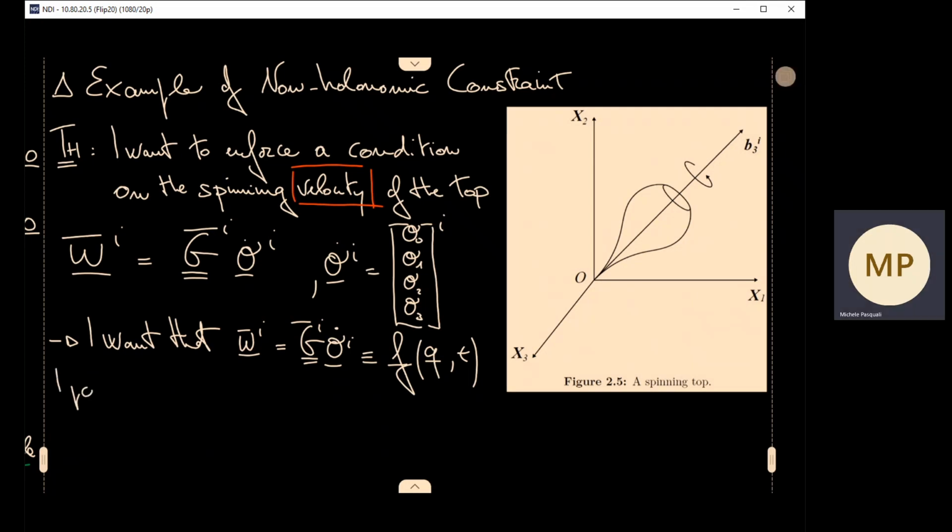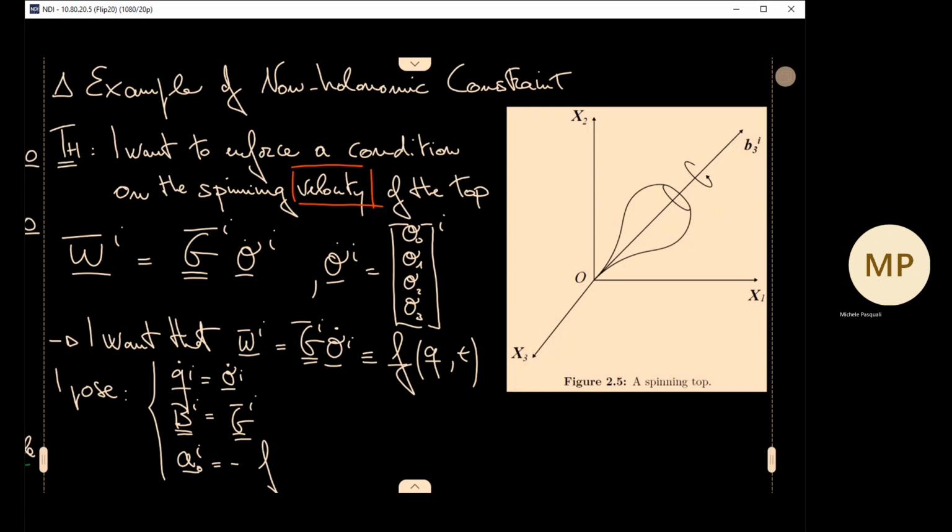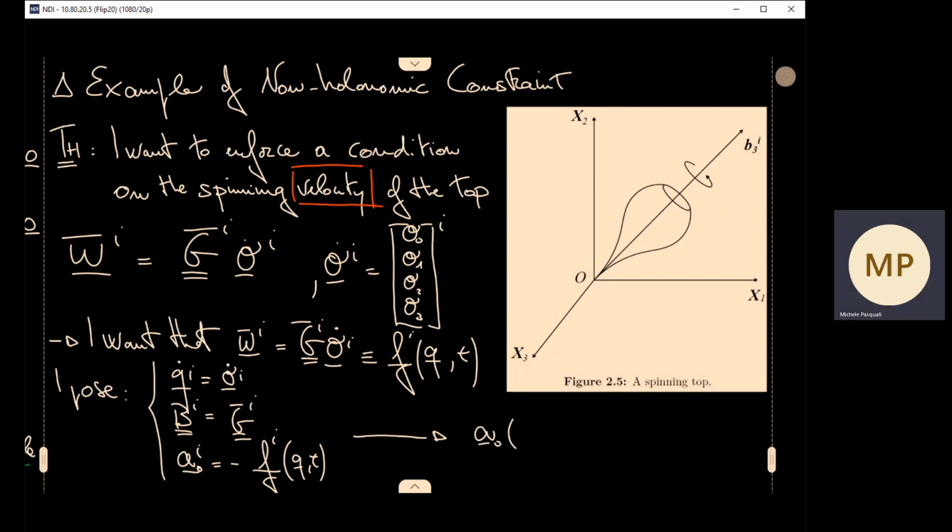Let's say that I pose that my q dot I is my theta I dot vector, that my B I matrix is my G, and my A0 vector is minus F I of Q and T. So that eventually my equation becomes exactly A0 of Q and T plus B of Q and T applied over Q dot equal to 0.